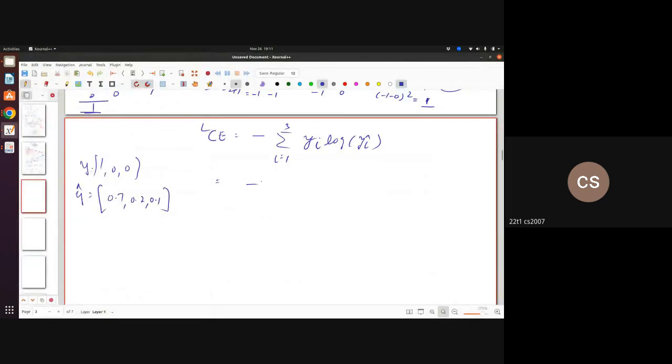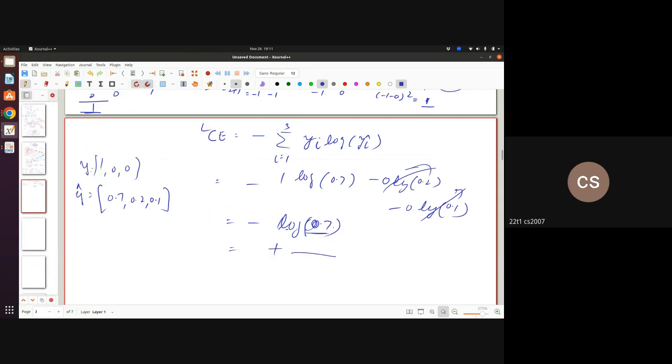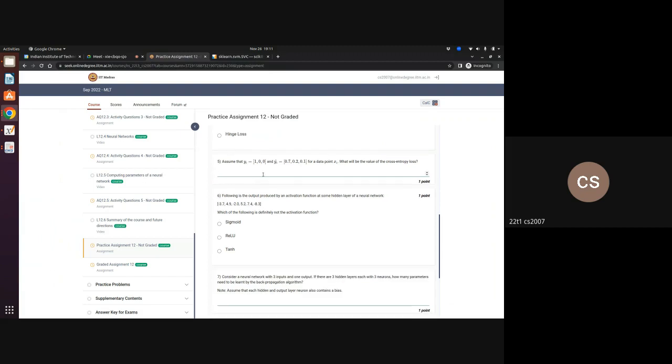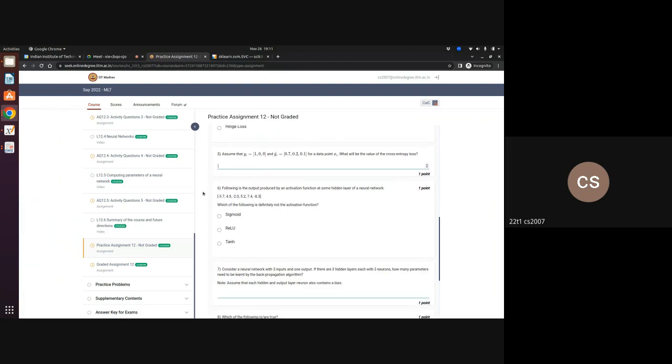This is what is given. So just the same way, minus y log y hat, minus y log y hat, minus y log y hat. This becomes 0, this becomes 0. We end up with minus log 0.7. You can look up the value of log 0.7. It will be some negative value, so with the minus sign, some positive value less than 1. Okay, you can just check that out. So that's the correct answer.